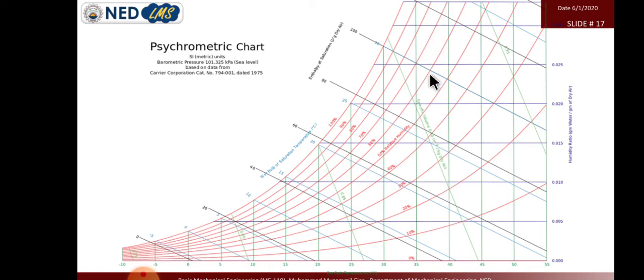When we apply cooling, the graph shifts towards the left in a straight line. You can see that is 35. So with 35 degrees centigrade and 80% humidity, when it's cooled down, the line goes like this, as 35 degree air passes over a cooling coil and gets cooled down.